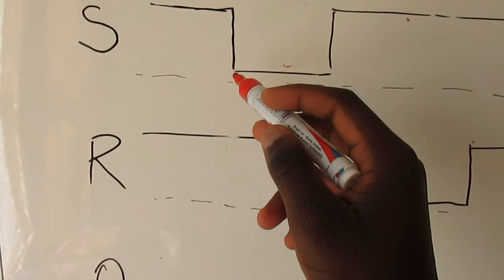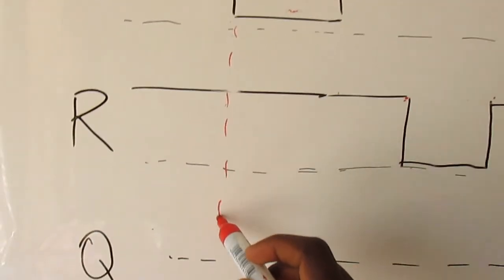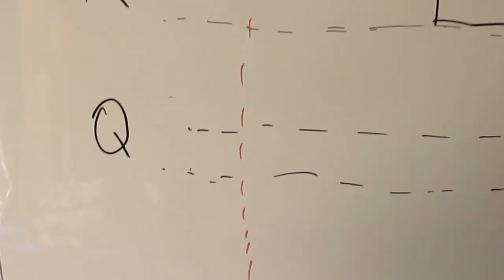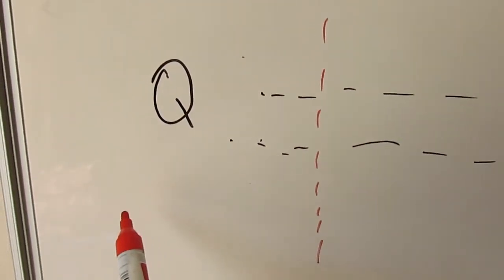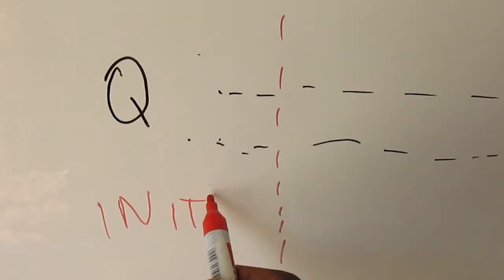For instance, at this point you can see that it went down, then we go with it down. So this side is going to be our initial state, initial time.